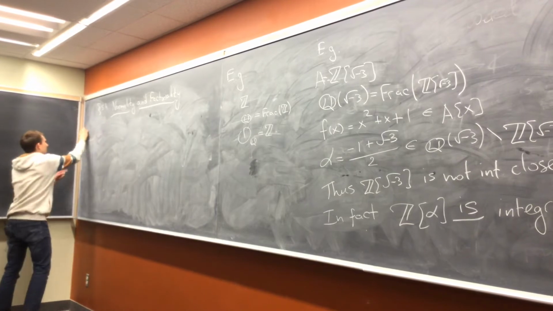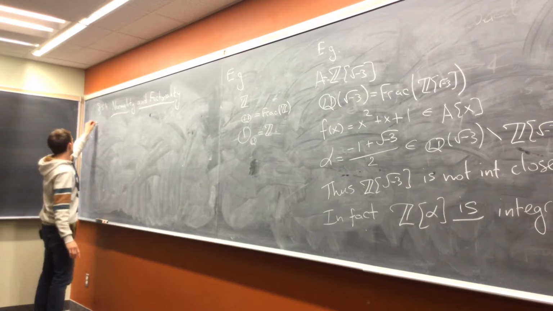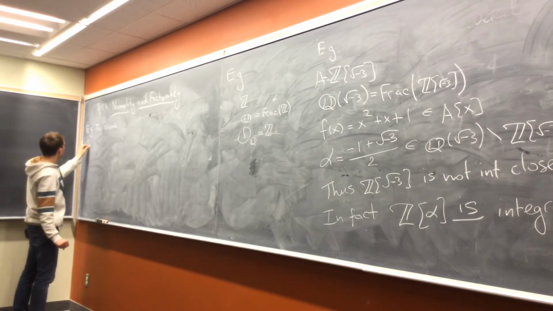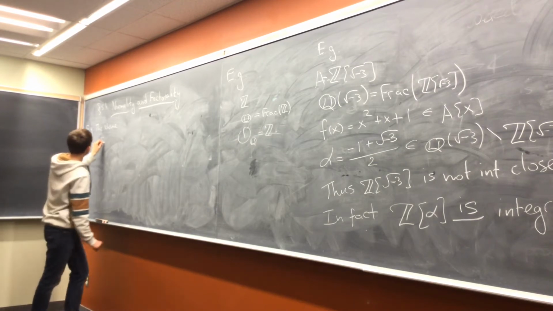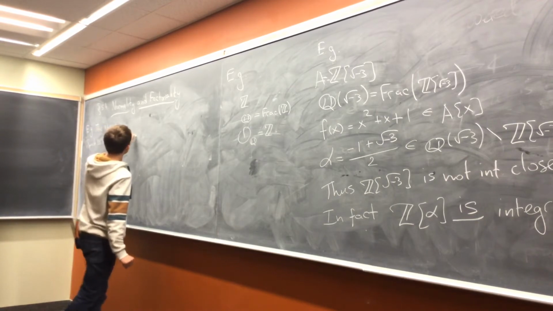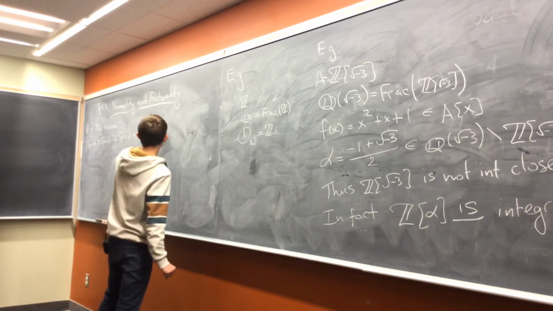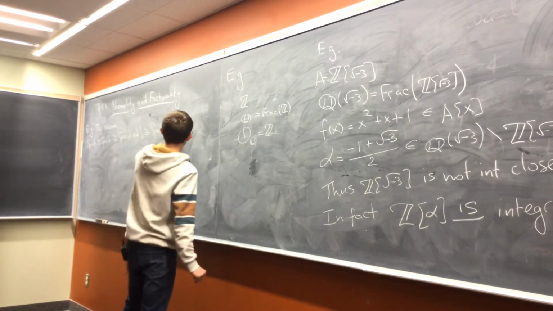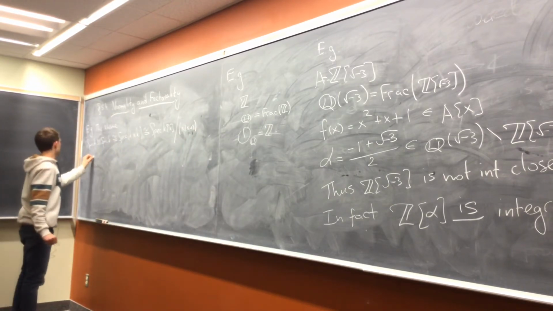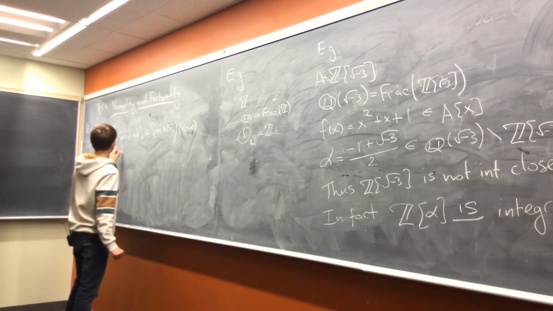So, example: the scheme spec K disjoint union spec K, which coincidentally is also isomorphic to spec K cross K, and which is also isomorphic to spec K[x] mod x times x minus 1, is normal. But it is not integral.